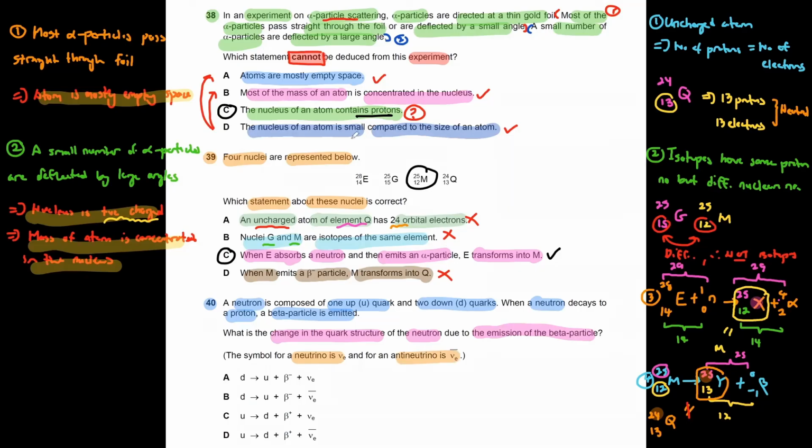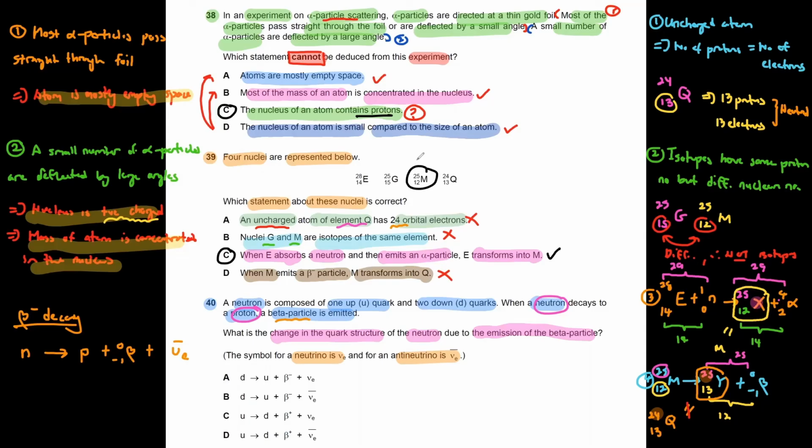Your current question never really mentioned whether it's a beta plus or beta minus particle, but from the other information given, where you saw that a neutron is decaying to become a proton, it should rightly be a beta minus decay. So when it comes to beta minus decay, we know that a neutron changes to a proton, and you have your beta minus particle plus your electron antineutrino.